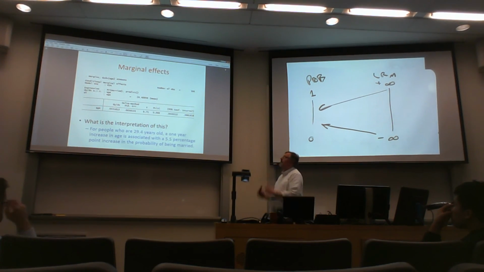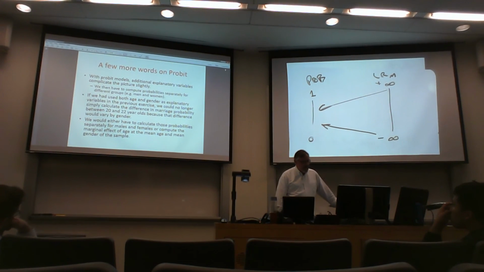So that can be interpreted. When you have multiple right-hand side variables, it's going to get really hard to interpret. I think that's beyond the scope of this class as well. But you can still use it for prediction easily.